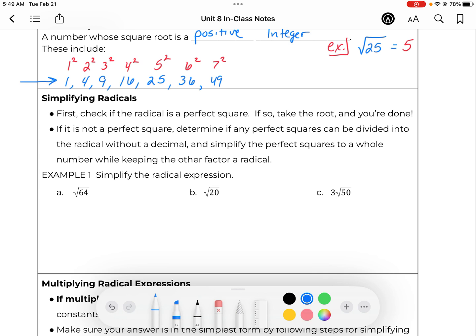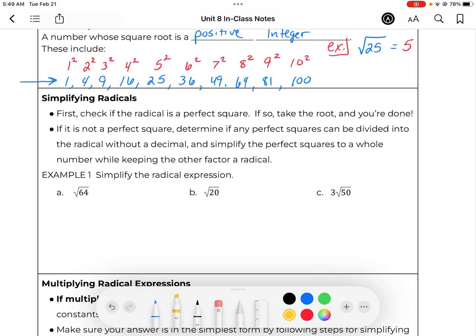So the next perfect squares are found doing this. 8 squared, 9 squared, 10 squared. And for right now, that's as high as I'm going to make you go. You could do 11 squared. Some people memorize on up to 12 squared or even 20 squared. But for now, we're just going to write these next ones down. 8 squared is 64, 9 squared is 81, and 10 squared is 100. So there are your first 10 perfect squares.